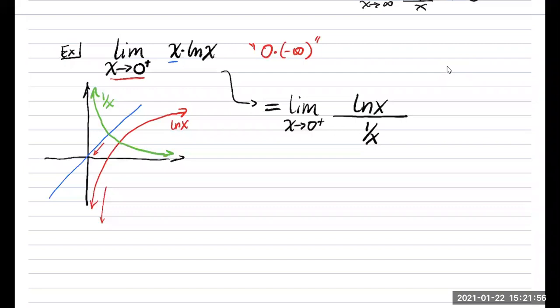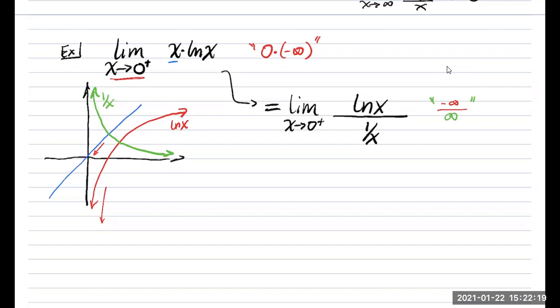Okay, so we're looking at negative infinity. The reciprocal function increases without bound, right? The closer you get to the origin, the higher the green graph goes. In the denominator, you've got this. That's an indeterminate form of the type infinity over infinity. Now we can use L'Hopital's rule.